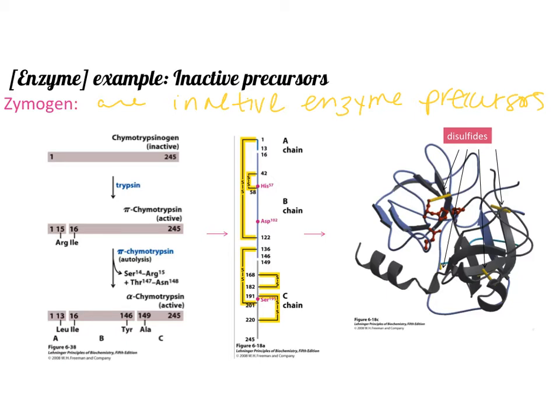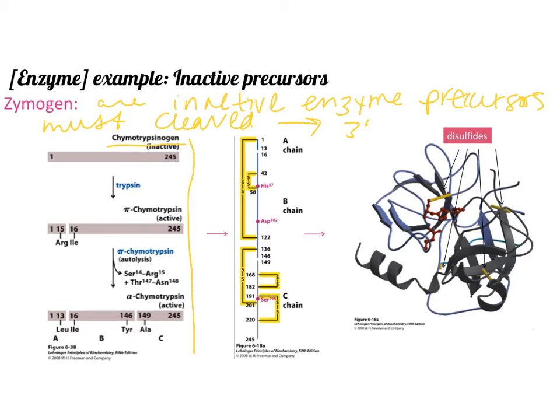And the way that you get these to be active is that they must be cleaved to form their tertiary structure and then have their activity. So in this case, the serine proteases all start out as zymogens. And so in this case, we have chymotrypsinogen. So it just plopped the end of the zymogen word onto chymotrypsin.